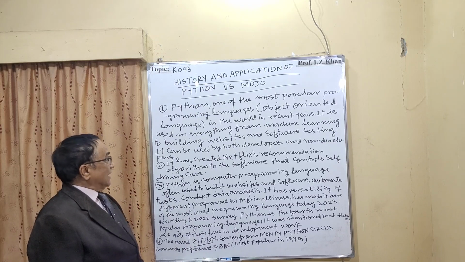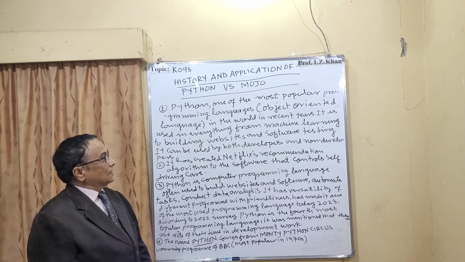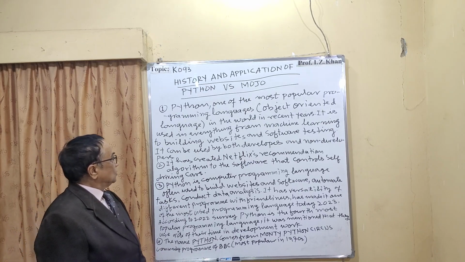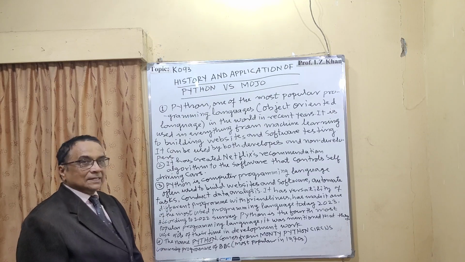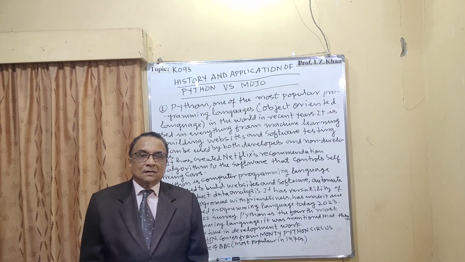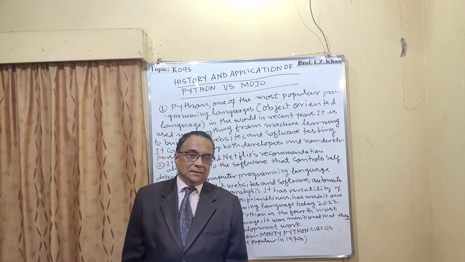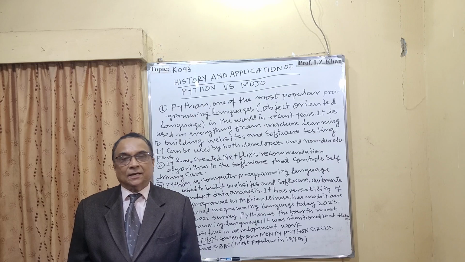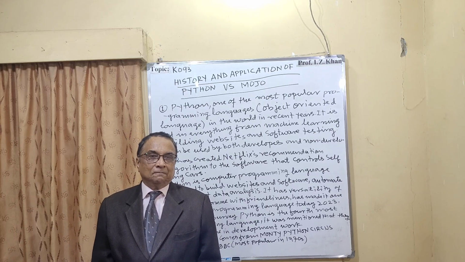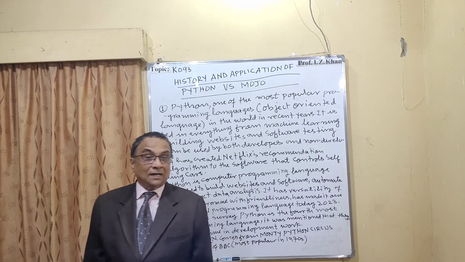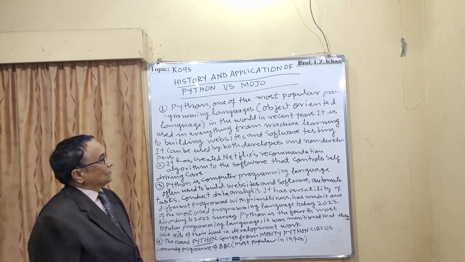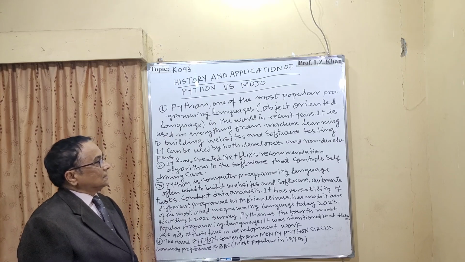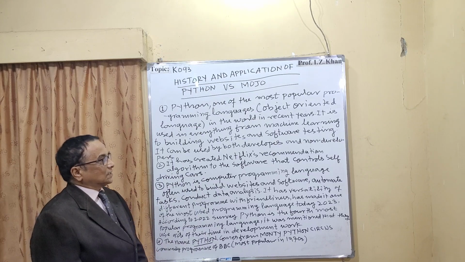It is an object-oriented programming language, and in recent years it is used in everything, from machine learning to building websites and software testing. Actually, one lecturer, a computer science instructor at Michigan University, USA, wrote one book, Python is for Everybody. From that book, these are words, and he has given a lot of applications. It can be used by both developers and non-developers.